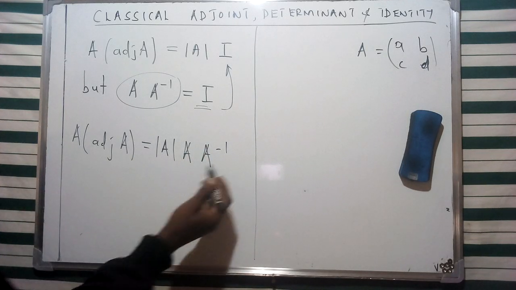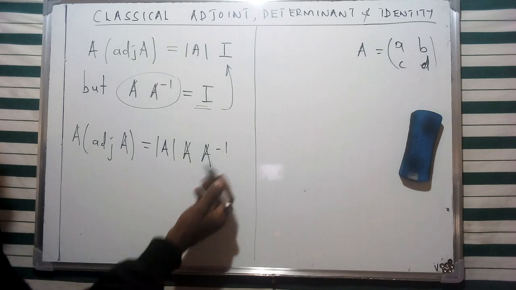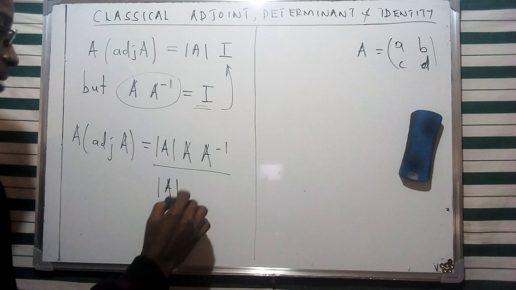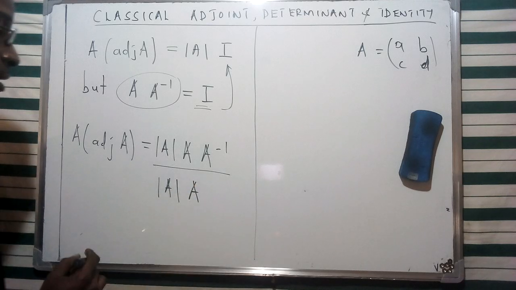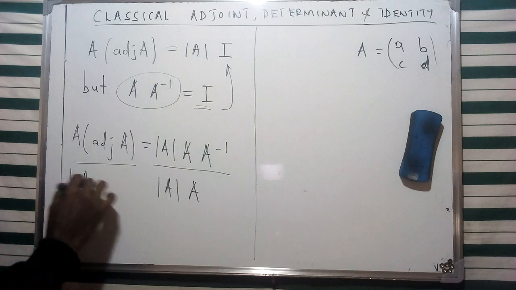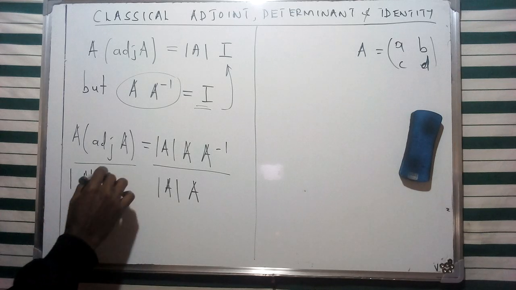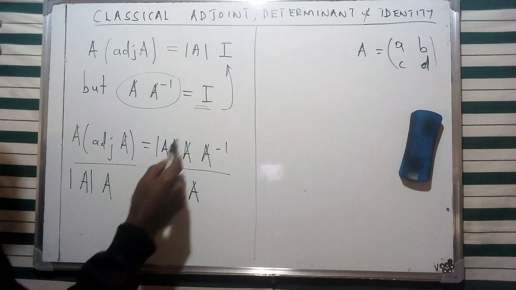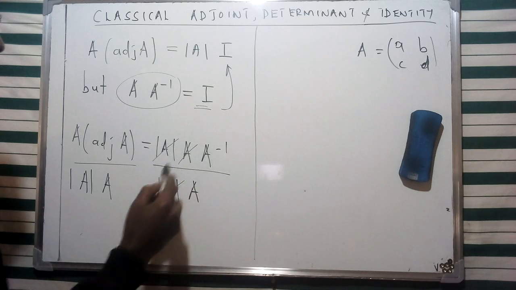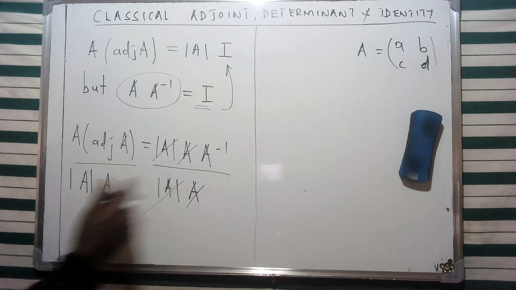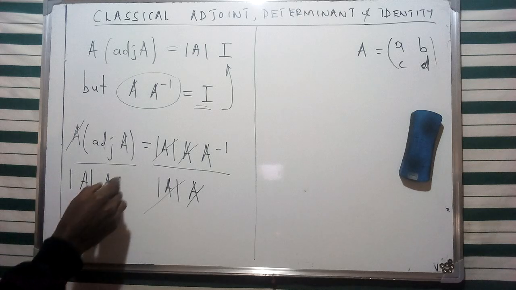So for us to come up with this specific inverse as a subject, we're going to multiply by the inverse and of course the determinant of that matrix on both sides, and therefore have this determinant times A given as such. So we are therefore going to cancel these respective factors which are appearing on the numerator and the denominator. Now on my right side, I'm going to remain with this specific inverse, and in this case I'm going to cancel A with this.